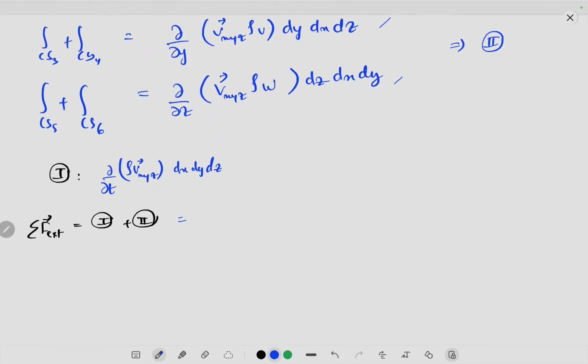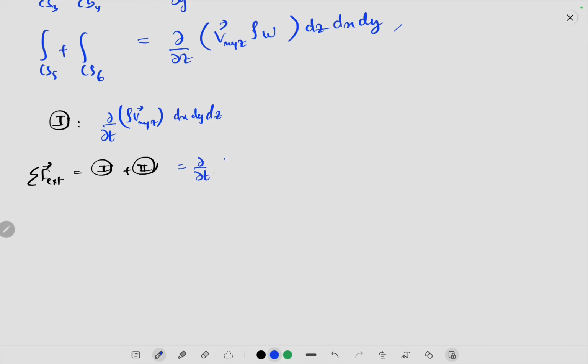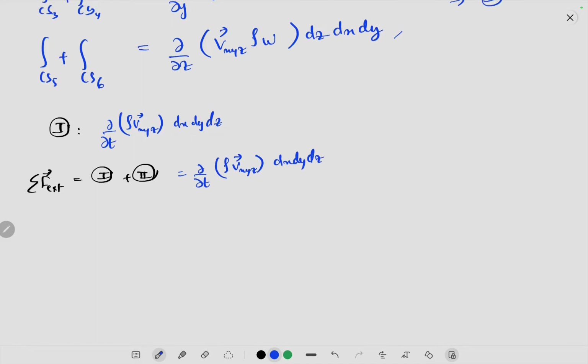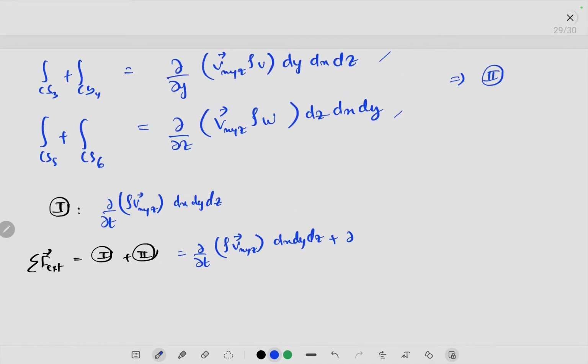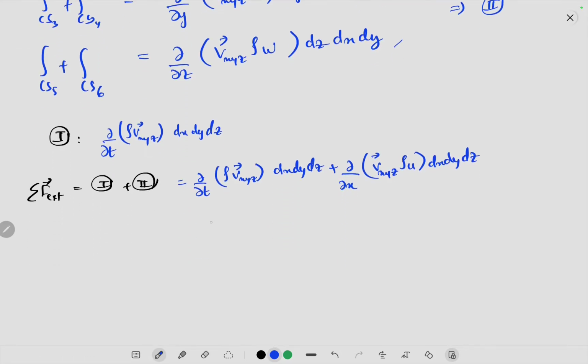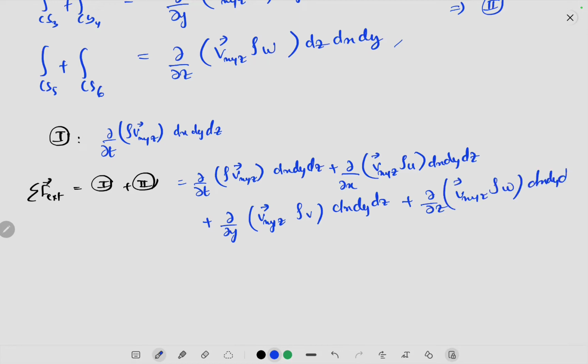So 1 is del by del t of rho vxyz dx dy dz, plus del by del x of vxyz rho u dx dy dz, plus del by del y of vxyz rho v dx dy dz, plus del by del z of vxyz rho w dx dy dz.